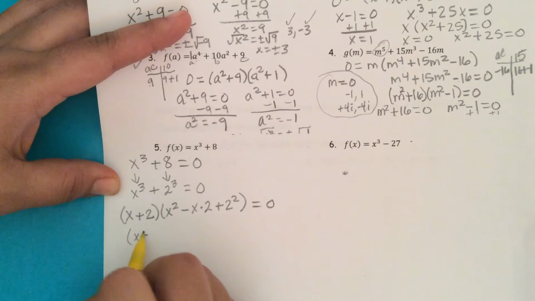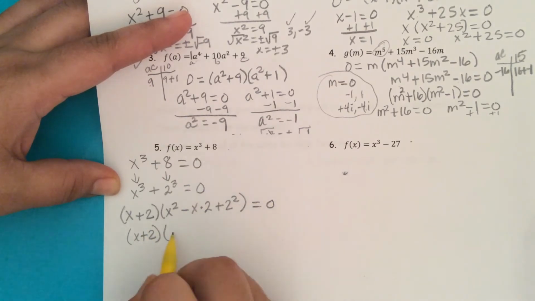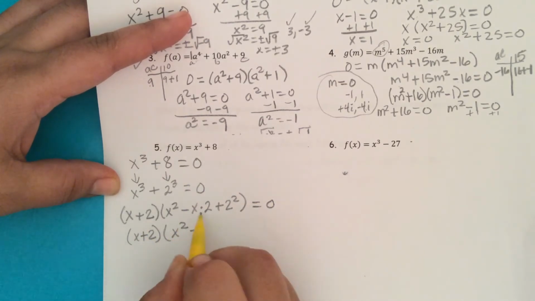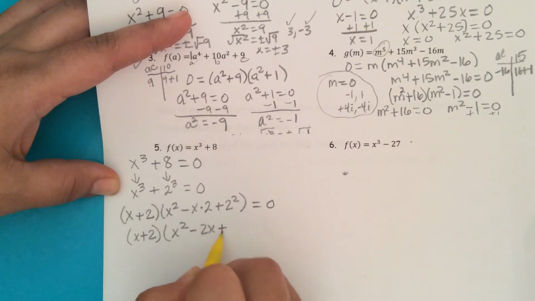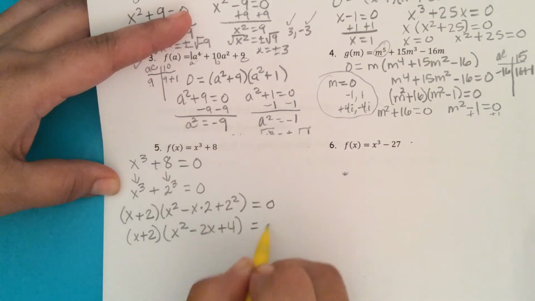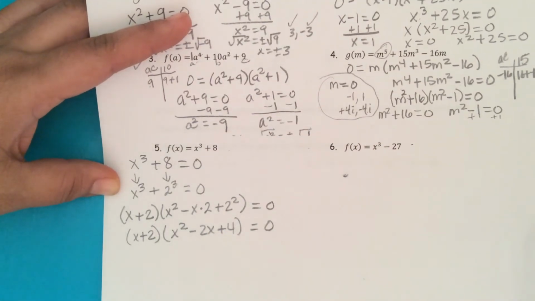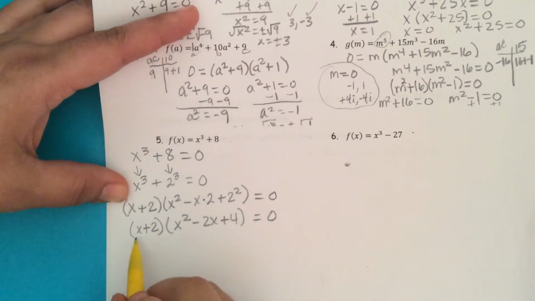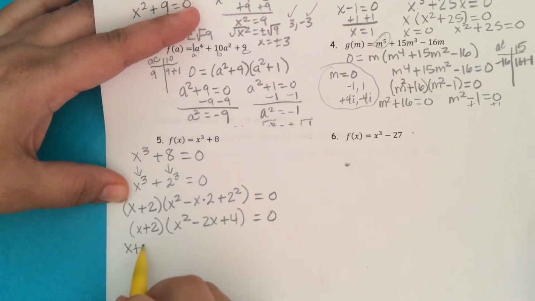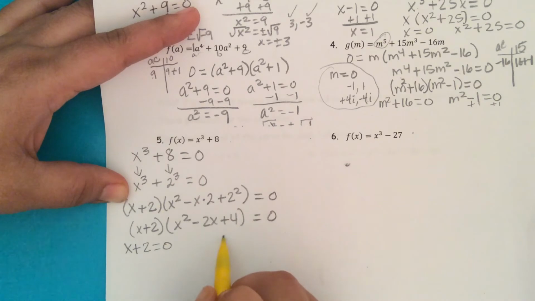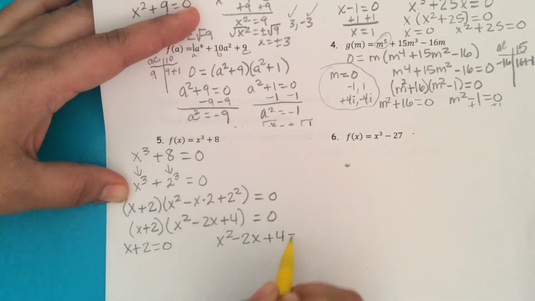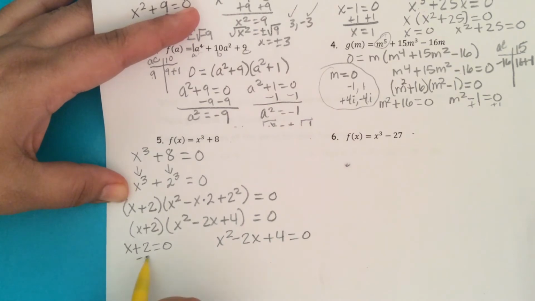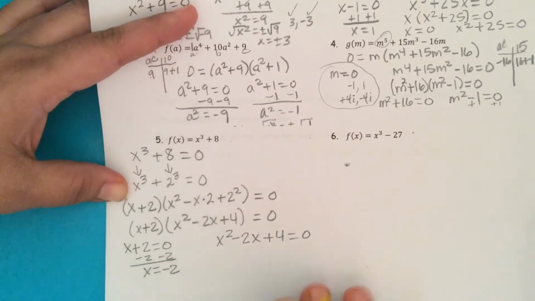So then this is x plus 2 times x squared minus 2x plus 4 equals 0. Okay, so then we have x plus 2 equal to 0, and x squared minus 2x plus 4 equals 0. So we're going to subtract the 2 here, and so x is equal to negative 2.